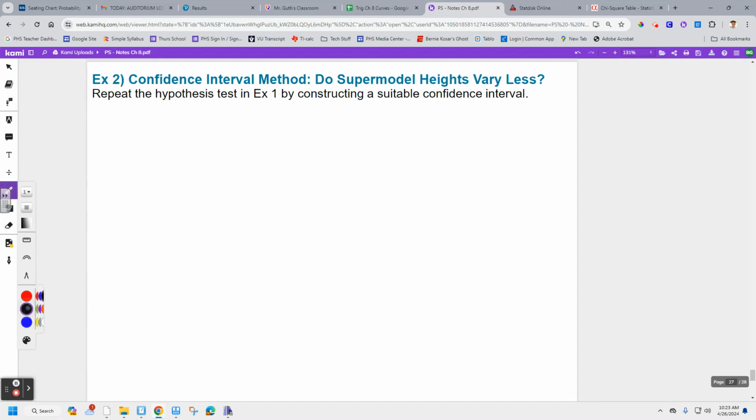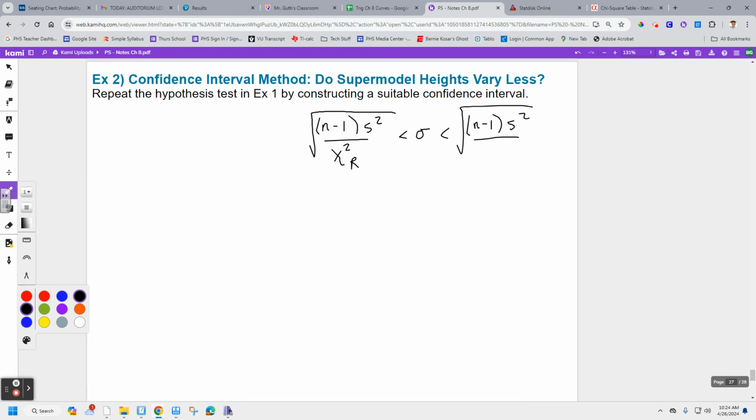When we do confidence interval from last chapter, we had this equation right here. And so the degrees of freedom is easy enough because n was 16, so we know the degrees of freedom was 15.